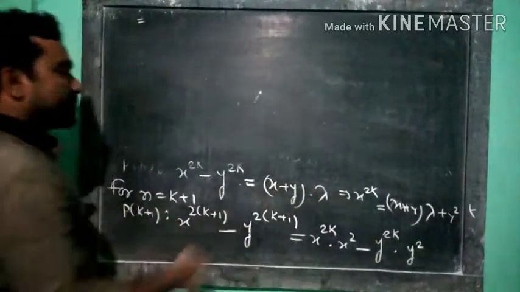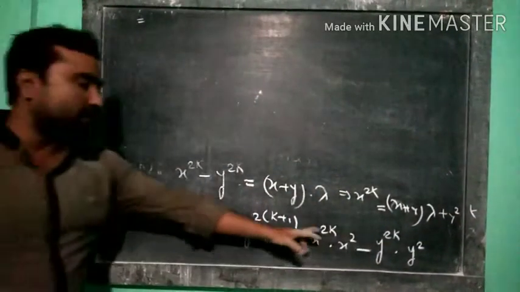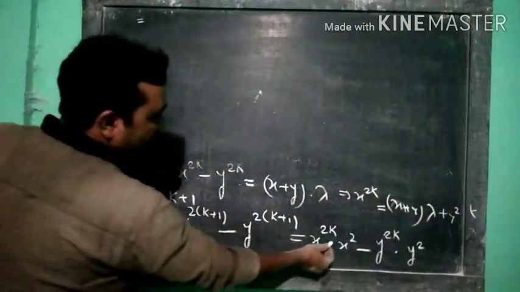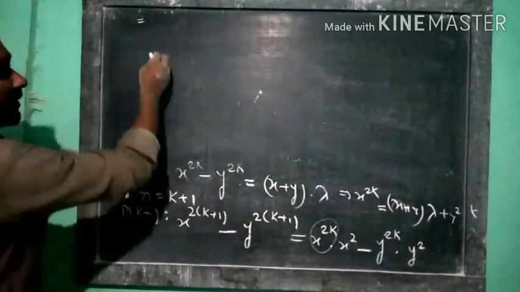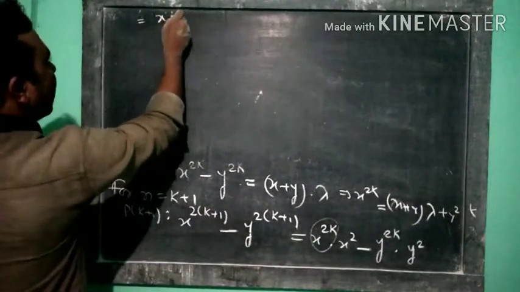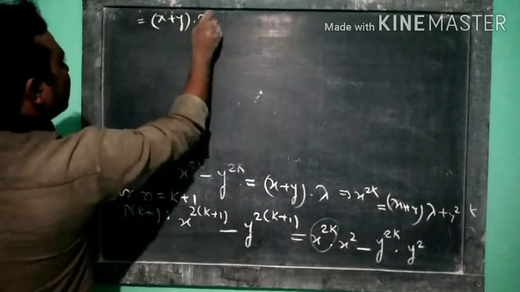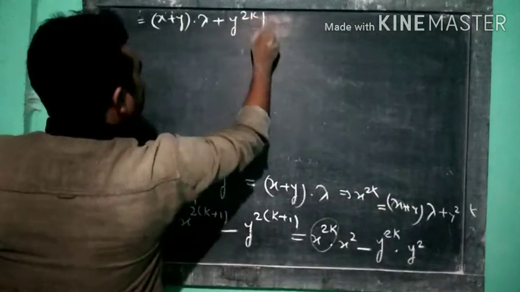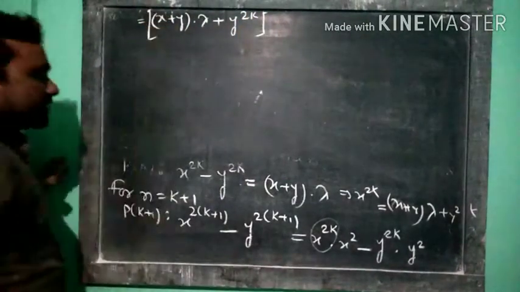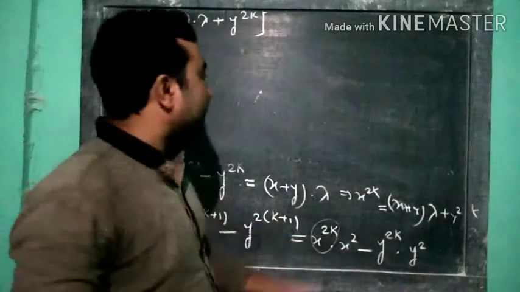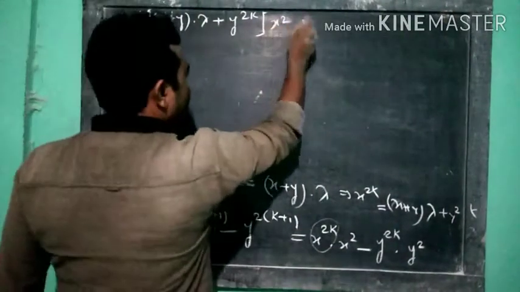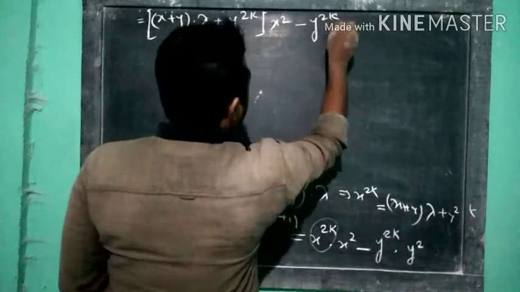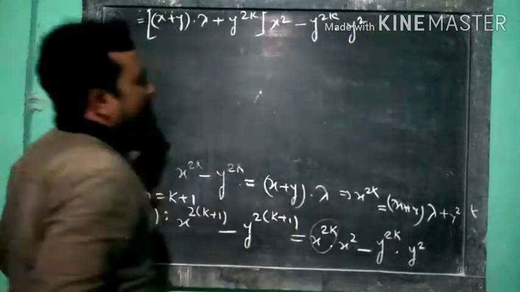So in place of x to the power 2k we can write x plus y into lambda plus y to the power 2k. This is multiplying with x squared, and this is minus y to the power 2k into y squared.